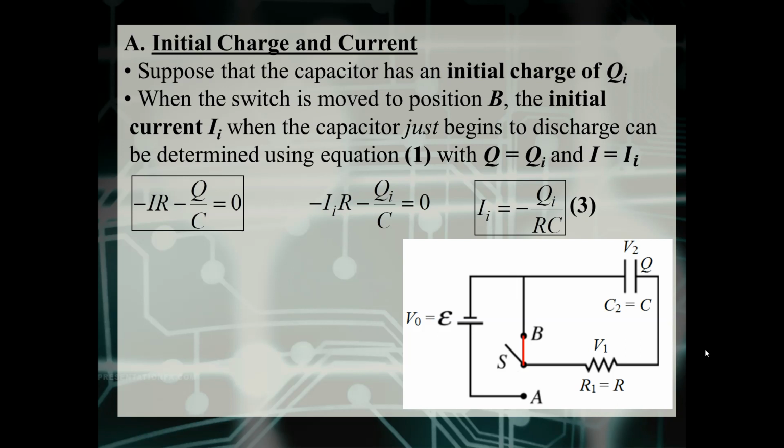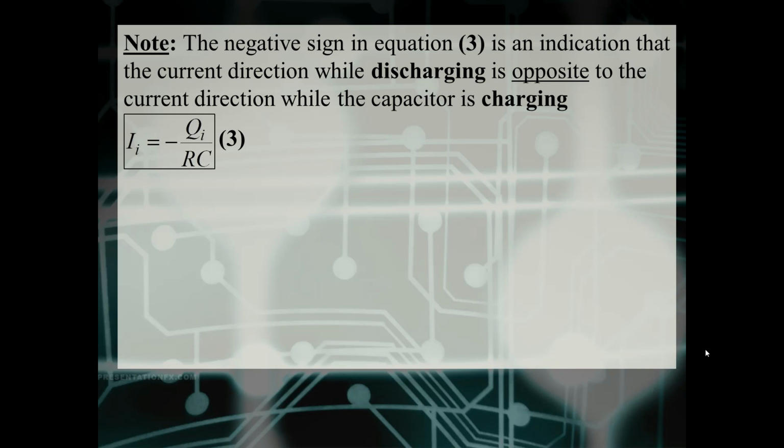Now, we need to make sense of what that negative is all about. Again, we have that equation for your initial current, negative Qi over RC. What that negative means is that it's just an indication that when the capacitor is discharging, the direction of current in the discharge phase is actually opposite to what it would have been in the phase when the capacitor is charging.